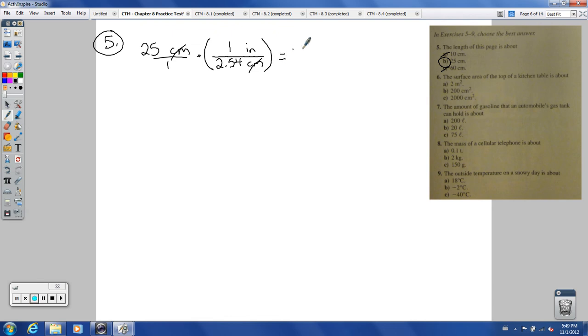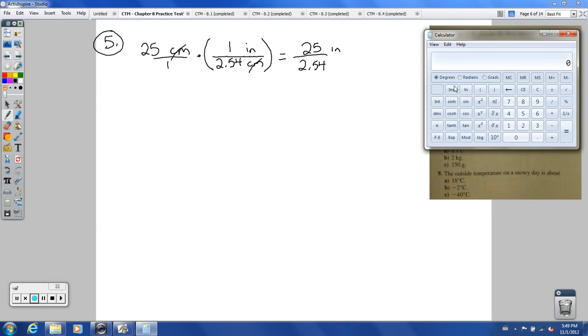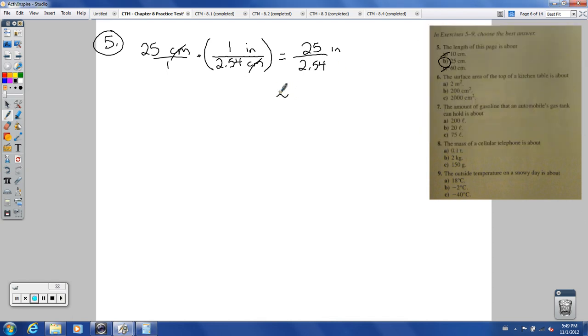So we take 25 divided by 2.54, take out a calculator. This is inches left on the top, centimeters canceled out, and so I would have 25 divided by 2.54, that's going to be about 9.8 inches, and that seems to be pretty standard, pretty close to a normal length of a page.